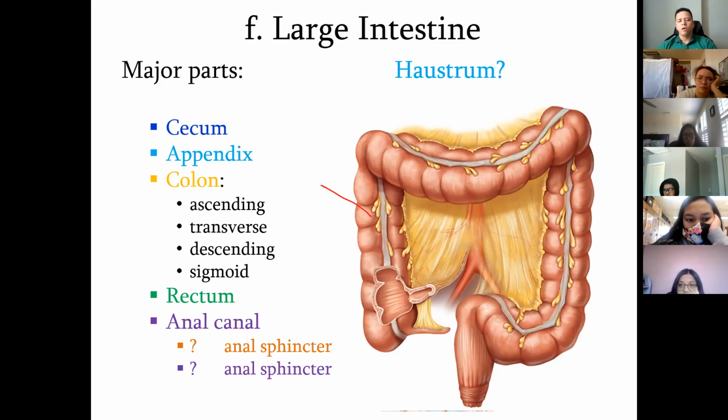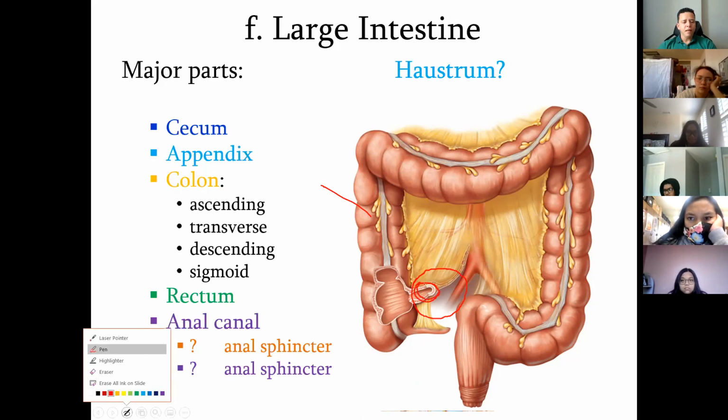Now, can anybody tell me, so this here is the end of the small intestine, which is cut, just a little piece of it. Does anybody remember what is the name of the final section of the small intestine? The ileum. The ileum, absolutely. So what we're looking at right here is a little piece of the ileum of the small intestine.